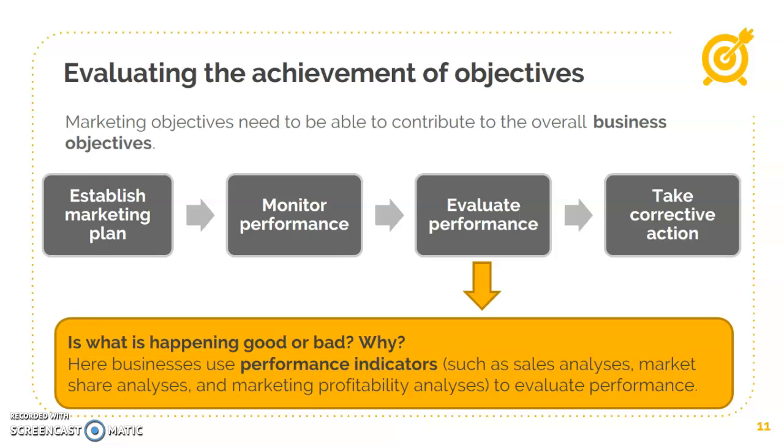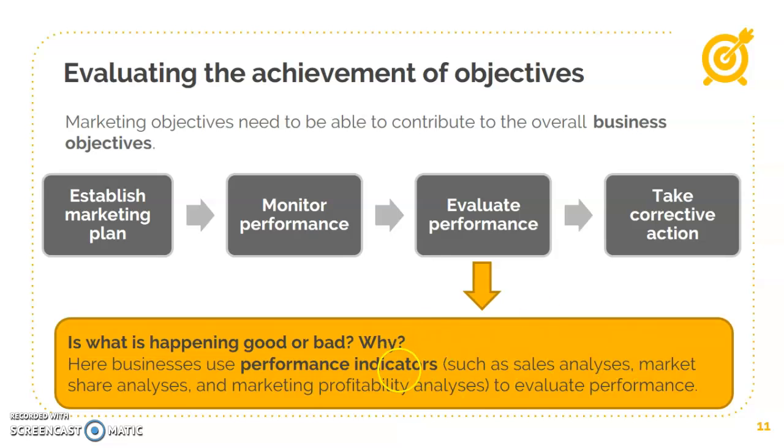What is happening? Is it good or bad? Why? Now these are some of the performance indicators that businesses use: sales analysis, market share analysis, marketing profitability analysis. These are some things that businesses will look at to evaluate the performance of the business.